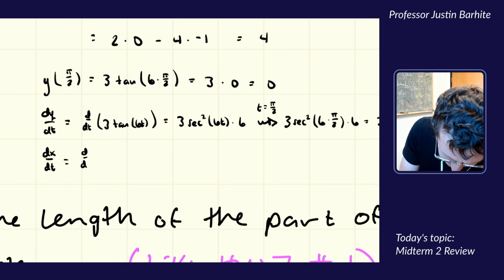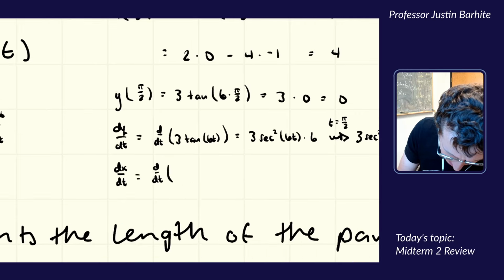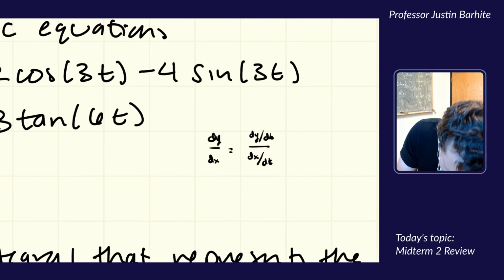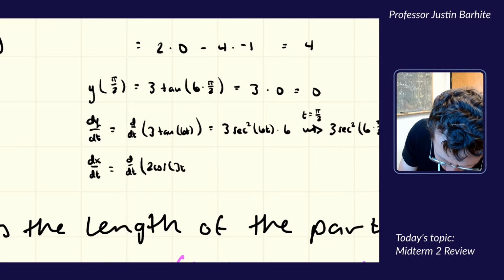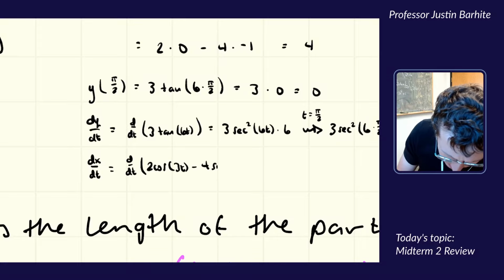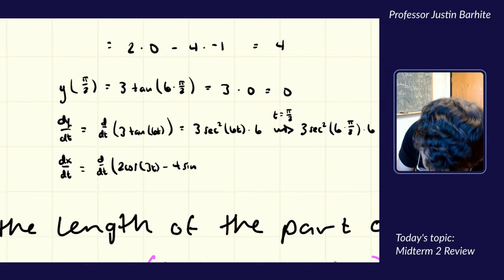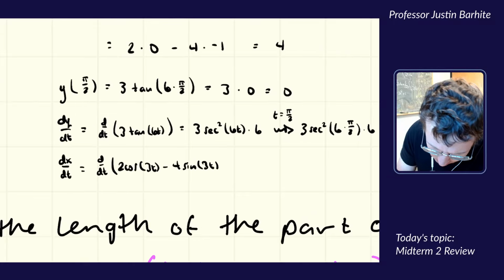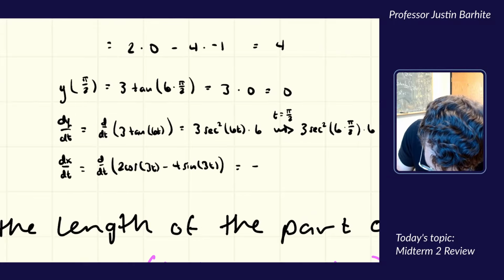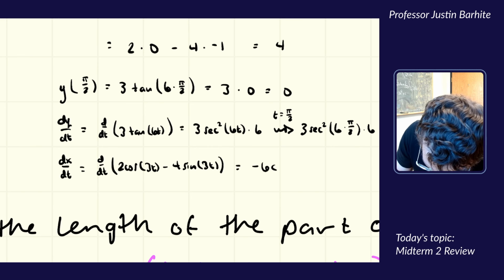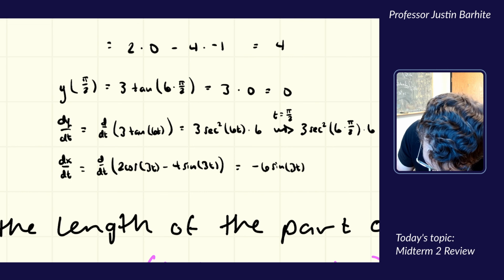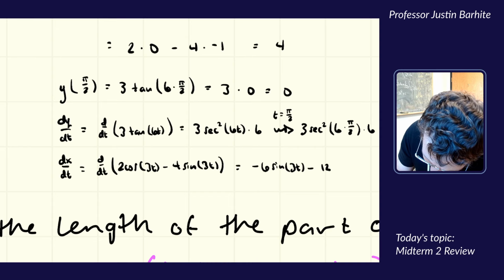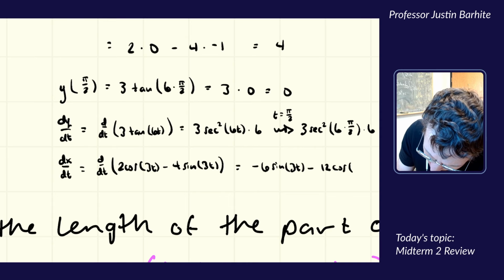For dx/dt, I'm differentiating 2 cosine of 3t minus 4 sine of 3t. That will give me minus 6 sine of 3t minus 12 cosine of 3t.